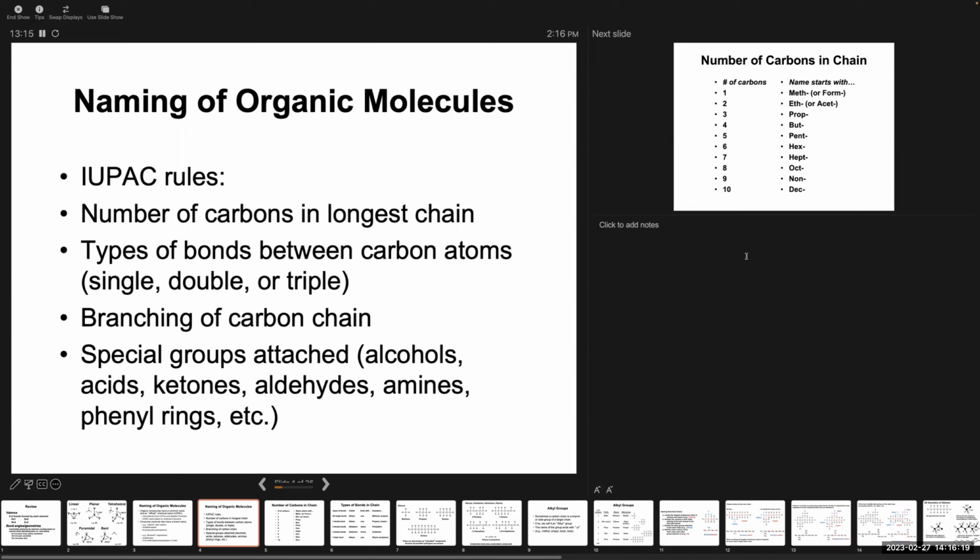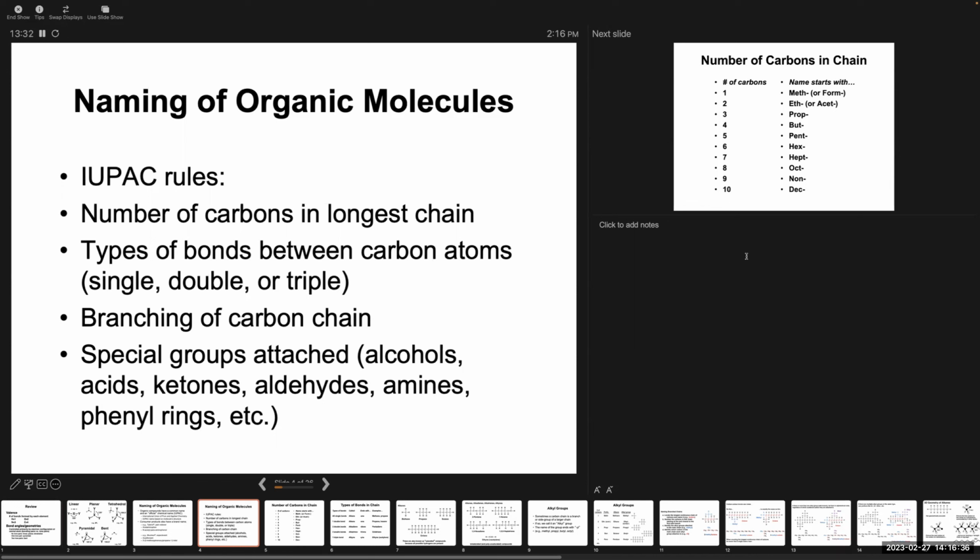And you count the number of carbons that are connected to one another in that chain. Then you take a look at that chain and you look at the kinds of bonds that exist between those carbons in that continuous carbon chain.